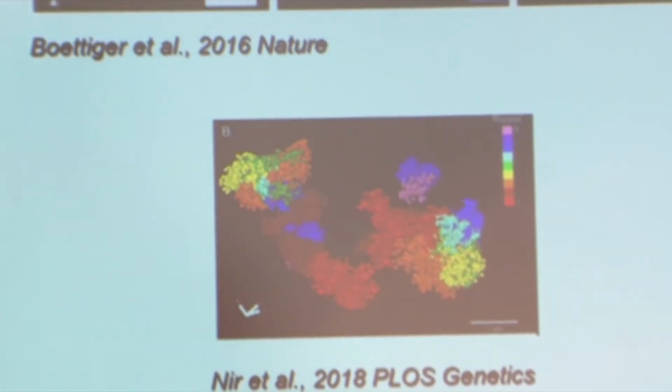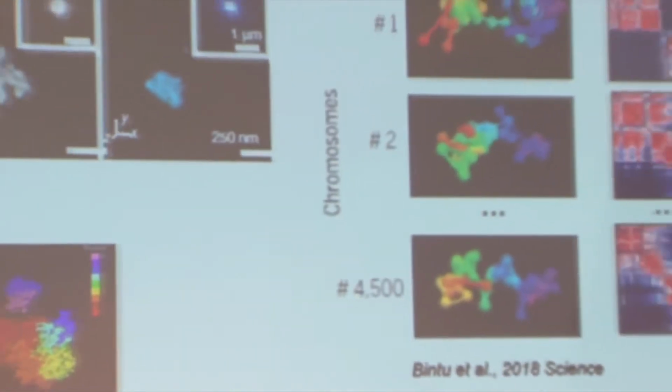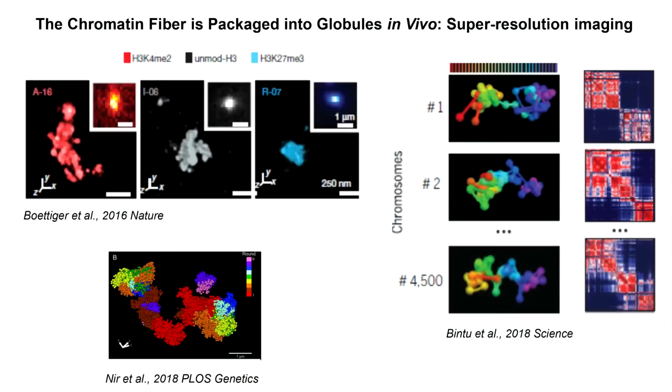The one that I like the best was recently published in Science. They looked at individual loci within 4,500 different chromosomes, and get somewhat different specific structures depending on which cell they looked at.